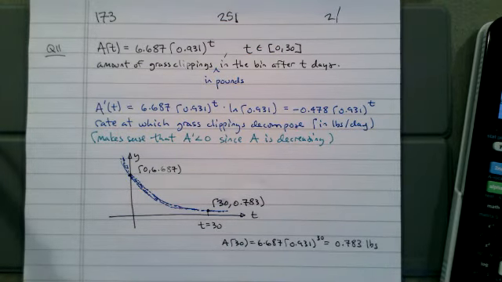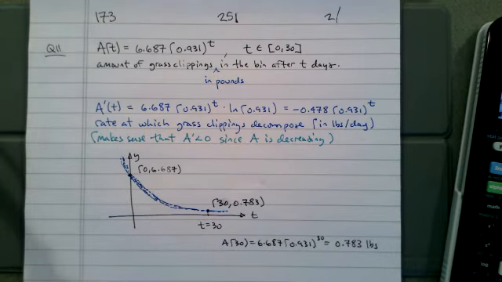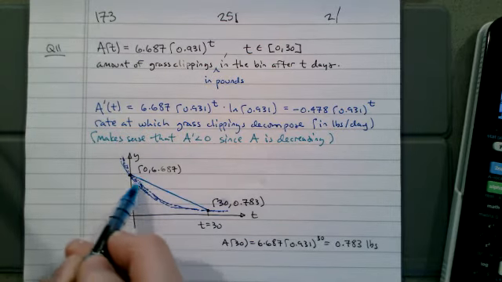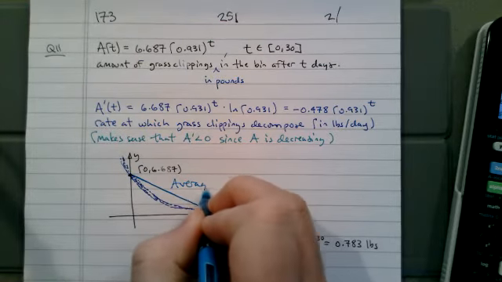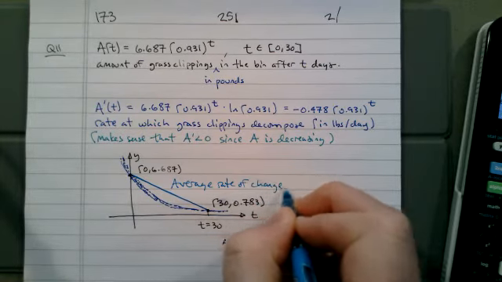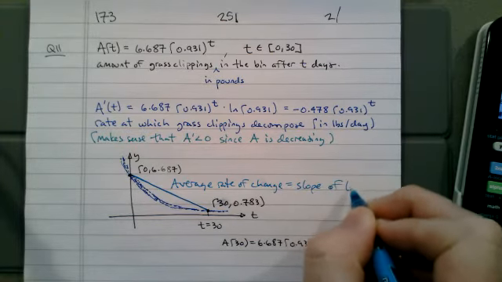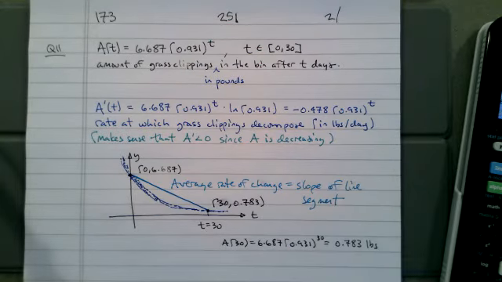The average rate of change will just be the slope of the line segment connecting those 2 points.